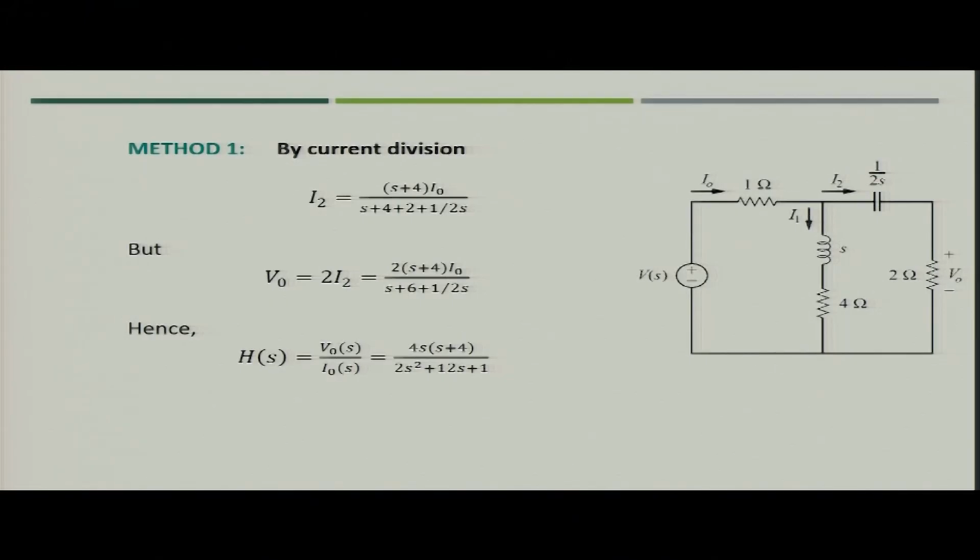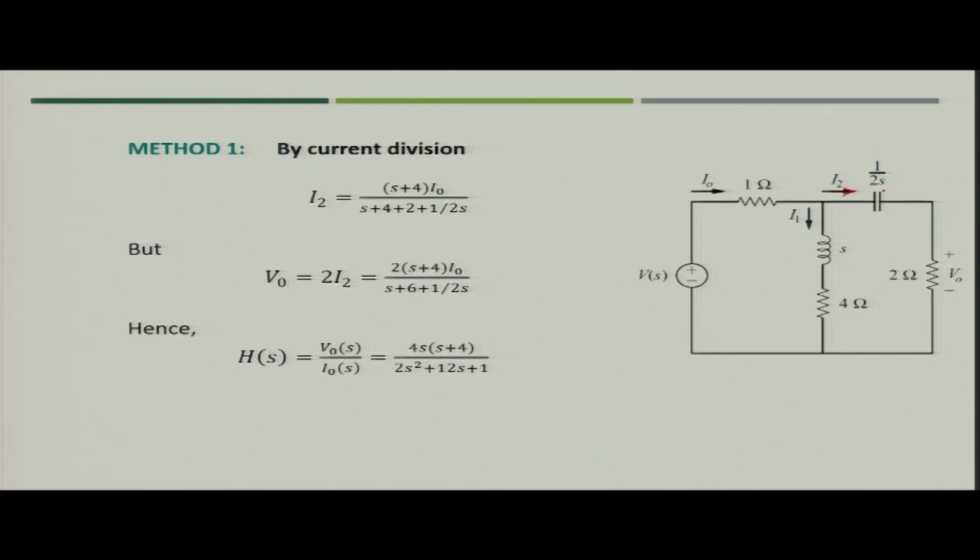Now, if you see this particular circuit, the current I2 can be found with the help of the current division method. In case of the current division method, how will you apply it? You see that the impedance of this particular leg is S plus 4.